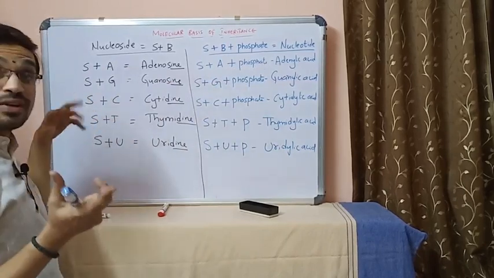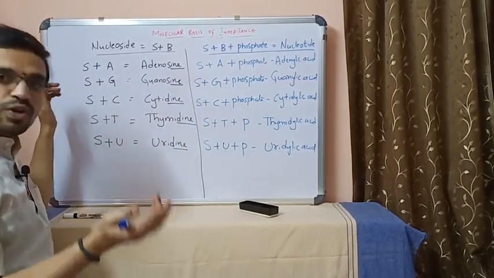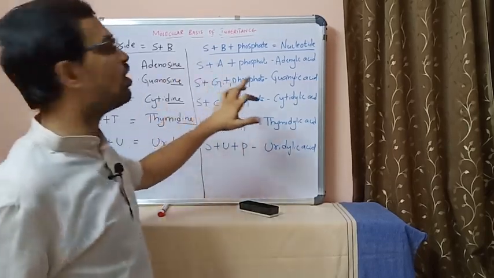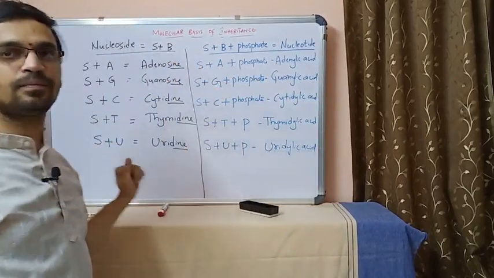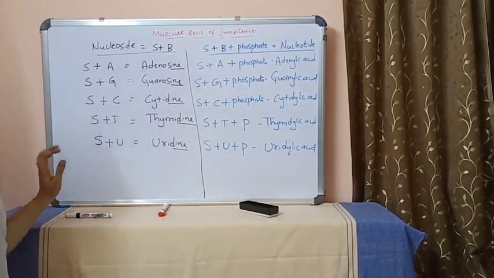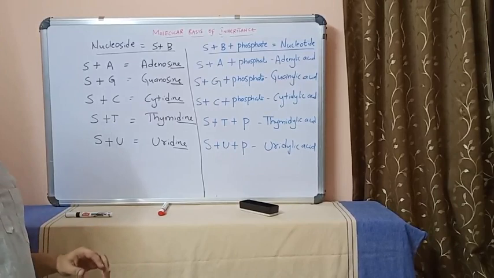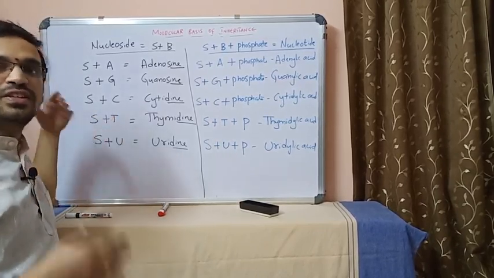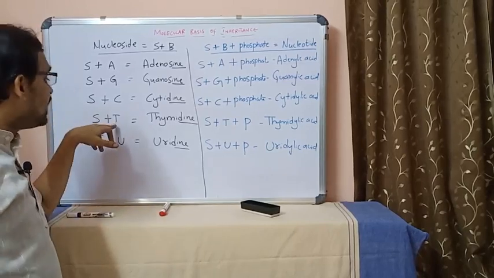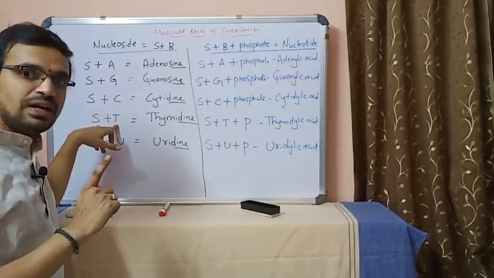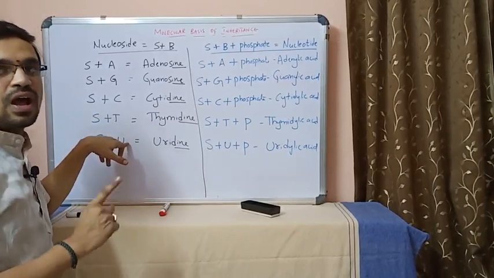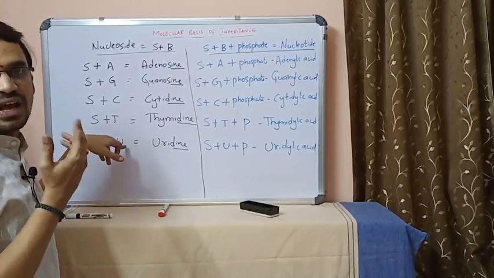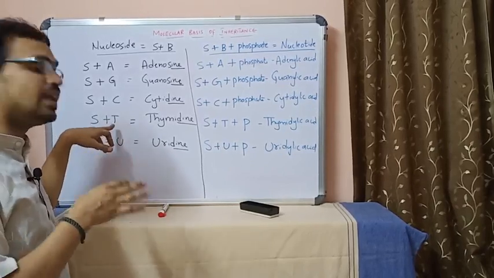That's why when you mention the nucleosides or nucleotides, you should mention deoxy if it is DNA, and no need to mention deoxy if it is RNA. But in case of thymine and uracil, no need to mention whether it's deoxy or normal. Why? Because thymine is always present in DNA, uracil is always present in RNA. So if thymine is there, definitely it is DNA. If uracil is there, definitely it is RNA. So there is no confusion whether it is in DNA or RNA.